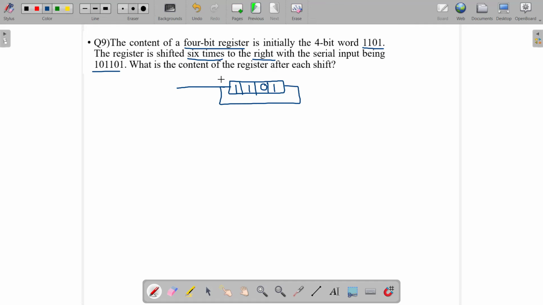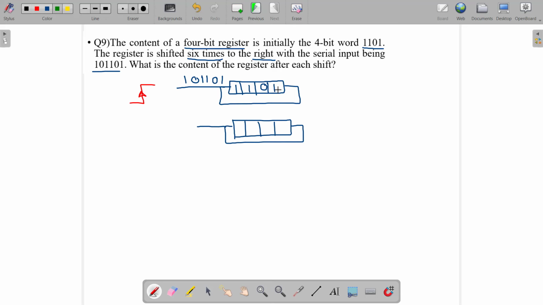So the information here is 1, 0, 1, 1, 0, 1. Now, after the clock pulse comes, what's happening to the information of this shift register? We draw this one again.